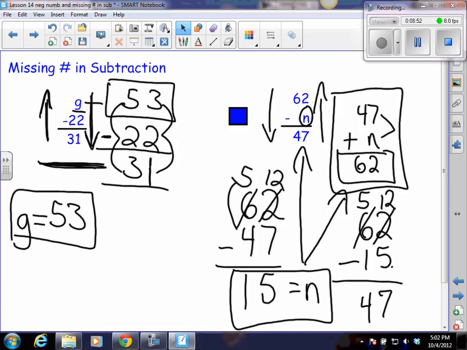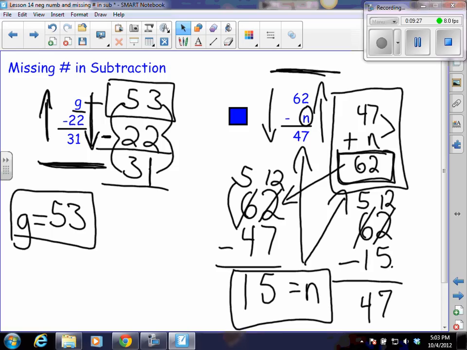While other times, like this example over here, because that missing number is in a place that doesn't allow us to use this up and down right away, by transforming it into an addition problem, we can now use the pattern that we've already covered and realize that our total is going to be the larger number on top here, and we're going to subtract the other number to get our missing add-in. And so we rearrange 2 times to help us solve that problem.